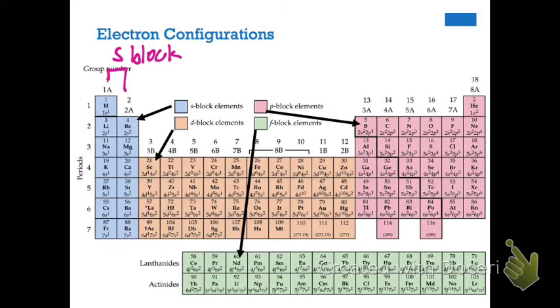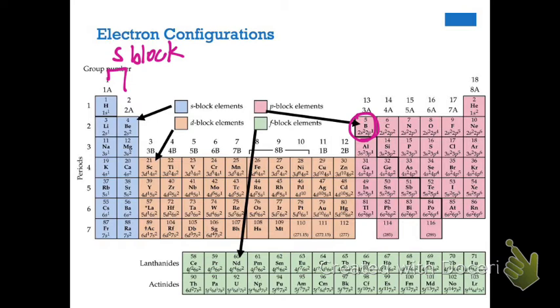Then we move across the periodic table. After hydrogen and helium, we move down an energy level. On the periodic table, when we move downward, we get a whole new shell of electrons. We add a second level. Let's look at boron, for example. How many electrons does a neutral boron have? 5, right?